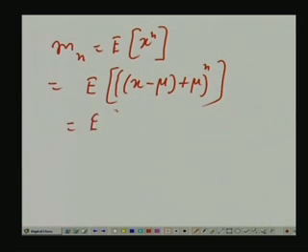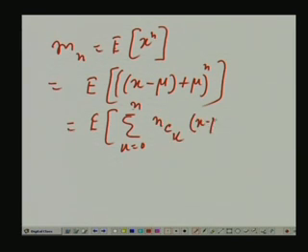We have got this expression. And now apply the expectation operator on this.